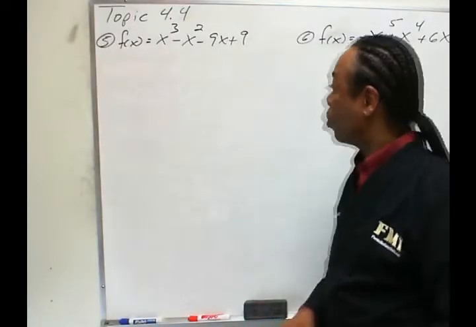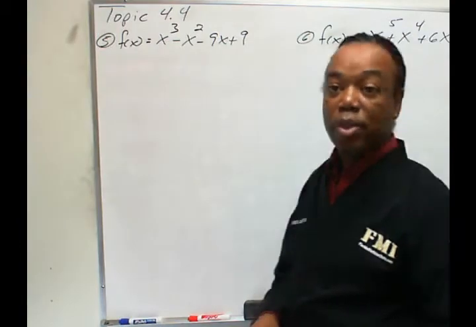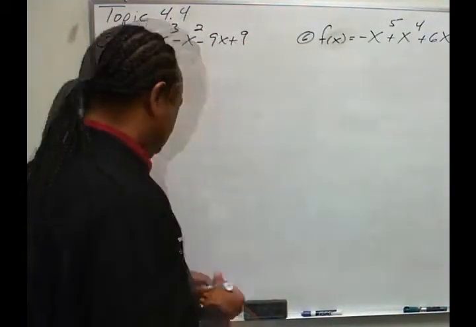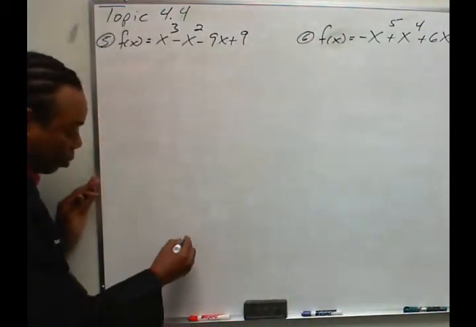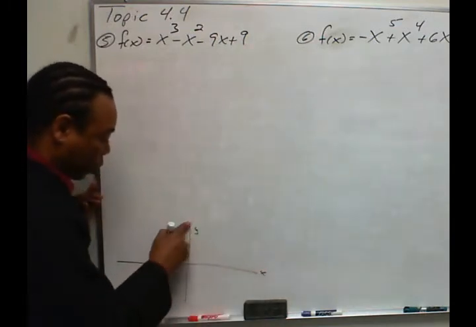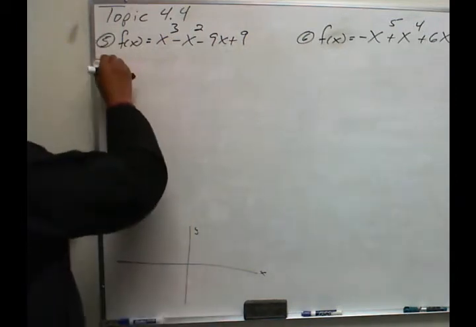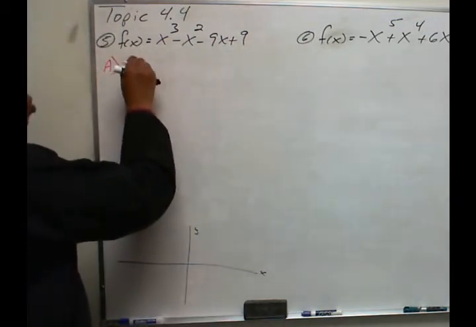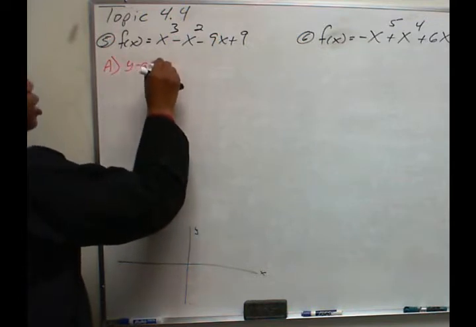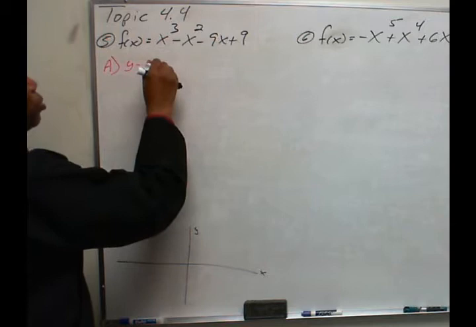Topic 4.4. We'll be graphing these polynomials, and we'll be finding 4 parts and then graphing. The 4 parts are, first, the y-intercept.